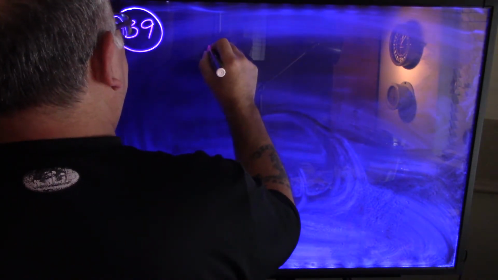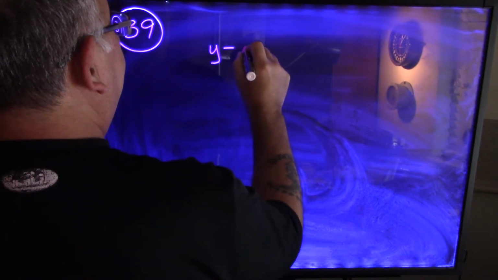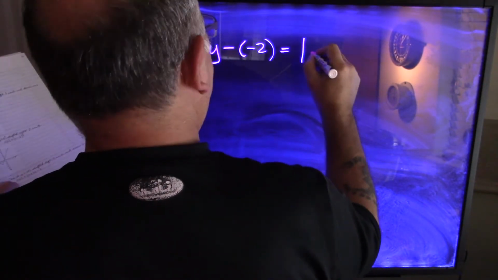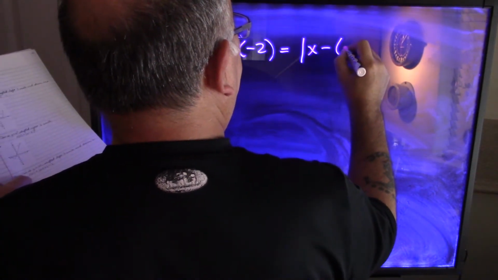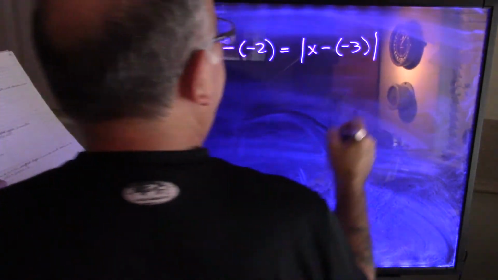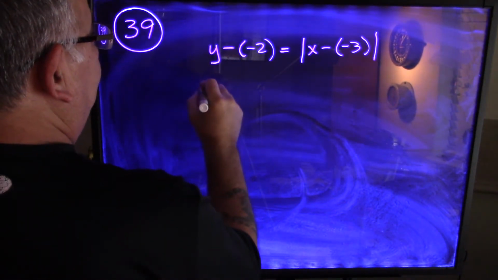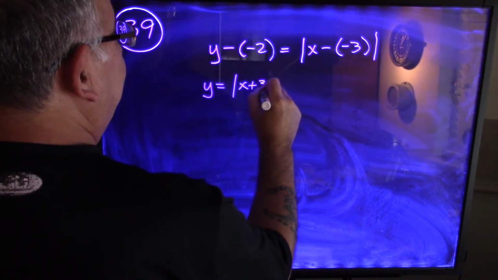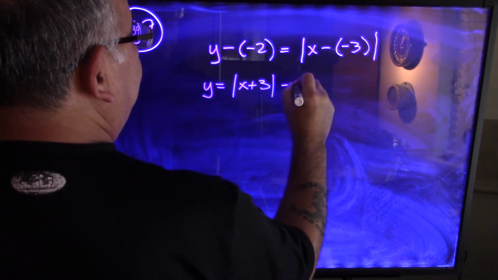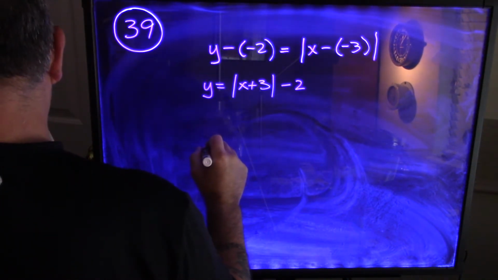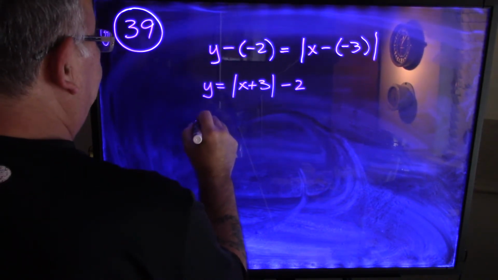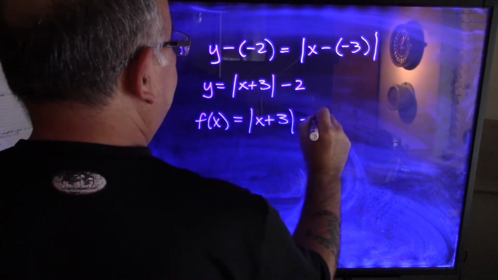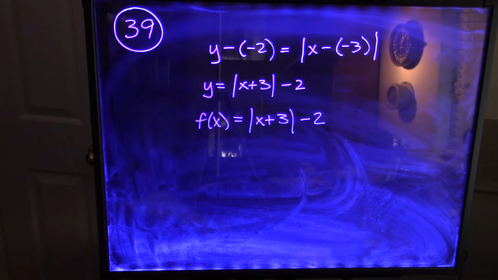So we could write down 2 as y minus negative 2, and then absolute value of x minus negative 3, like that. Or you can change that to y equals absolute value of x plus 3, and then minus 2 at the end. And you can write f of x instead of y. f of x is absolute value of x plus 3 and then minus 2.